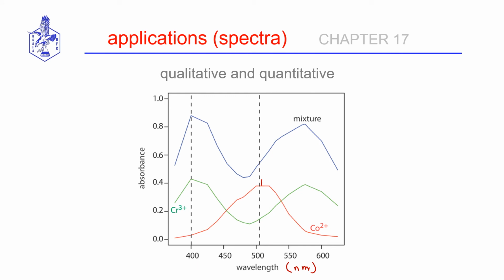We can also do quantitation based upon, if we extend a baseline across an absorption band and you measure the difference in the absorbance, that is going to be in proportion to how much of that ion is present. And if you have a solution that had both of these species, you would get an absorption spectrum that looked like this.